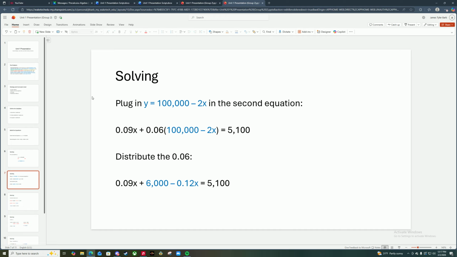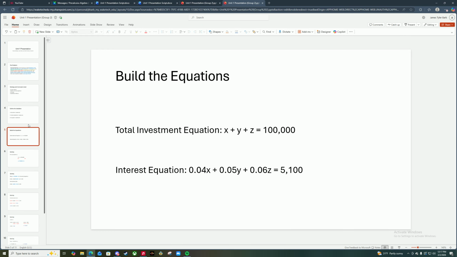All right, now let's plug y equals 100,000 minus 2x into our second equation. That second equation is the interest equation that we made earlier, but you'll notice that we combined the interest rates once again, since the values of x and y are going to be equal.